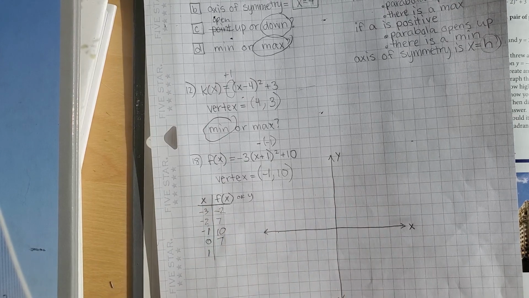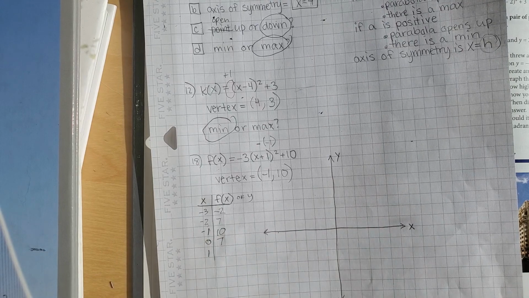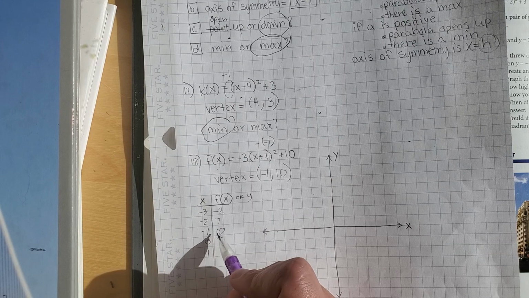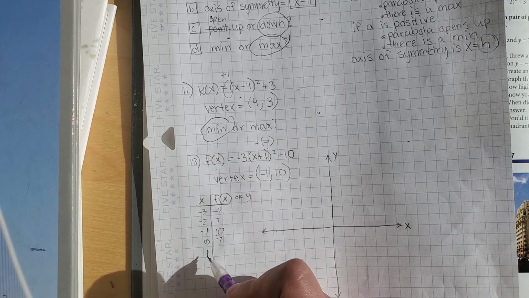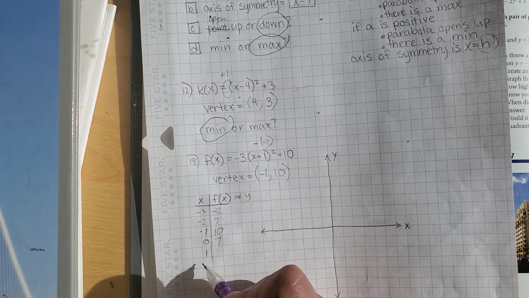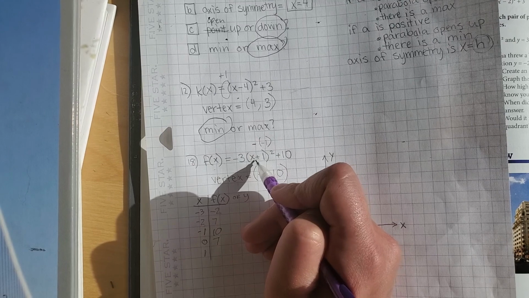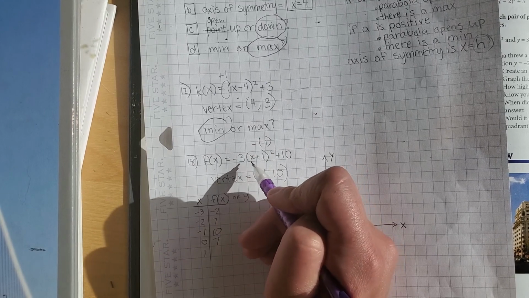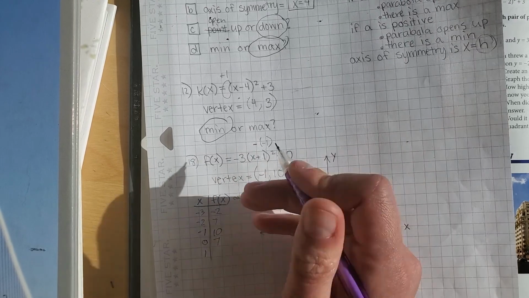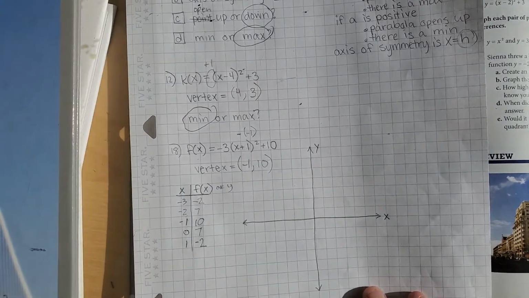That's a cool thing about parabolas, all the y's are going to be the same on each side of your vertex. Okay, so for 1, I bet we're going to get -2 here, but let's just do that. We plug in a 1 for x, we get 1 plus 1 is 2. 2 squared is 4. 4 times -3 is -12, and -12 plus 10 is -2. Well, look at that. Beautiful.